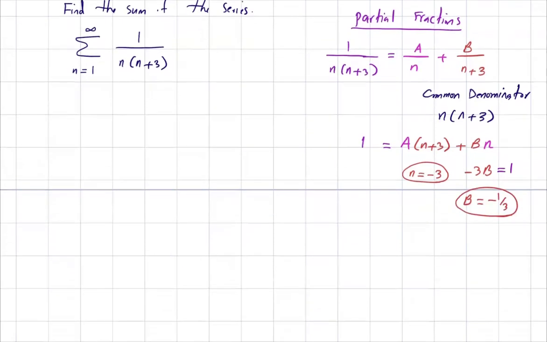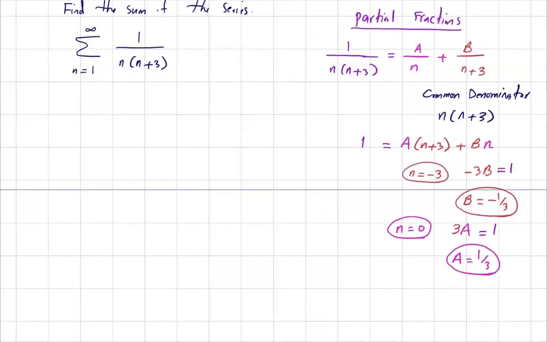When n is equal to 0, what do you get? You get a times 3 equals to 1. Or a is 1/3. Very good.